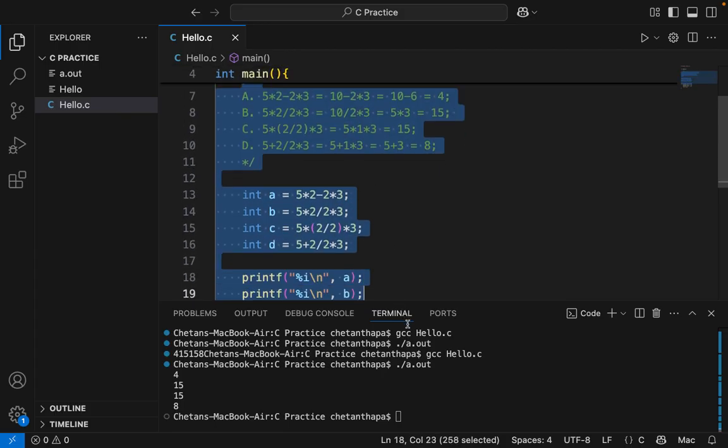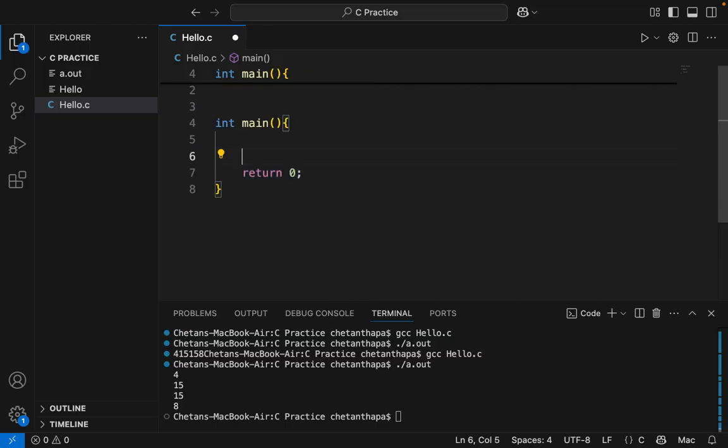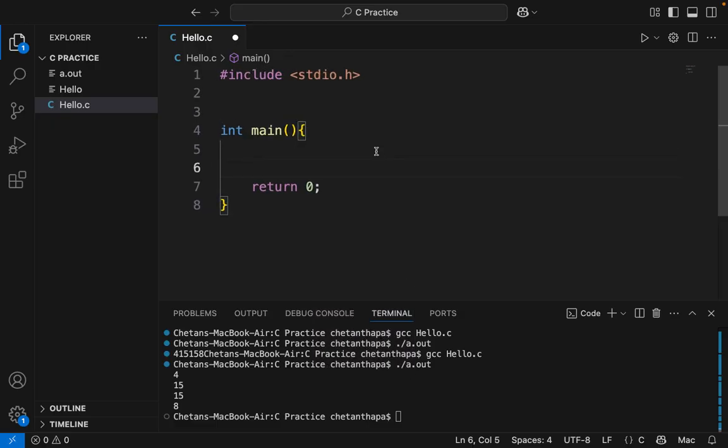Remove this, and we'll assign one variable. So let's say int x is equal to 10.